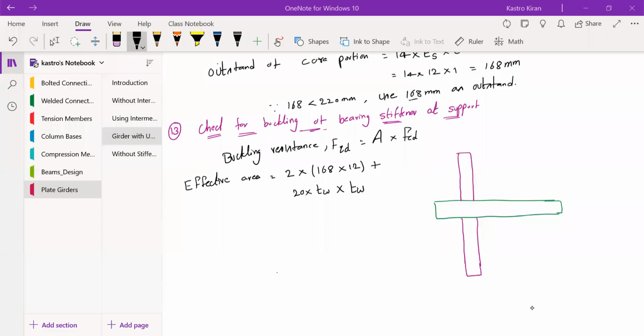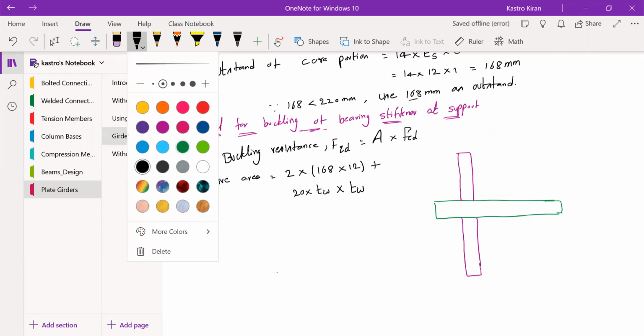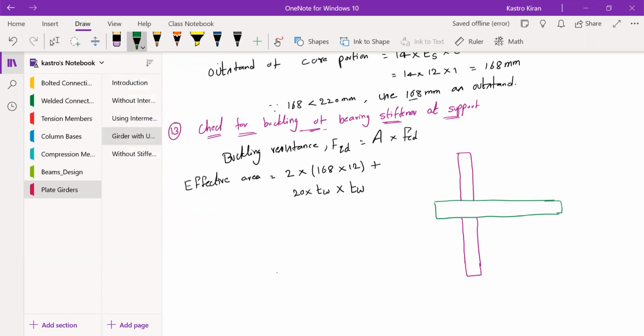So to find the effective area, you use this formula. Now, what is this outstand of the core portion? You have to identify it, so I'll draw this outstand of the core portion.